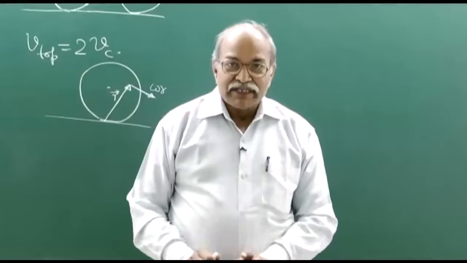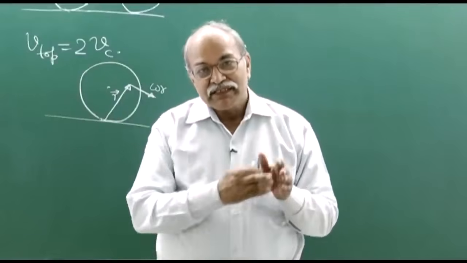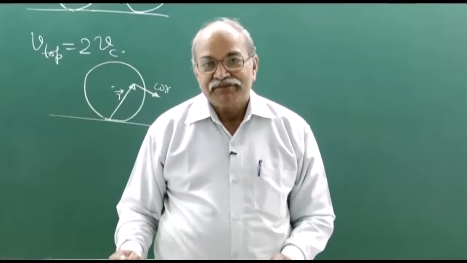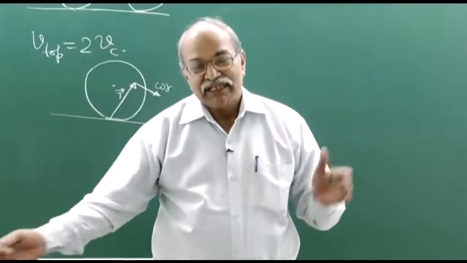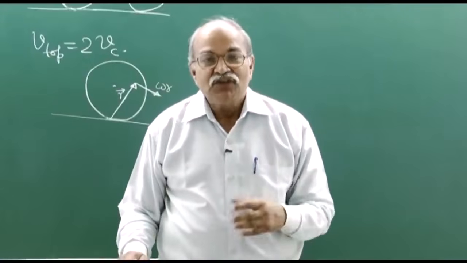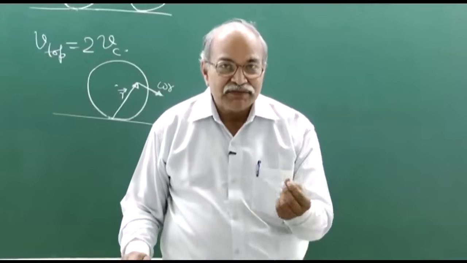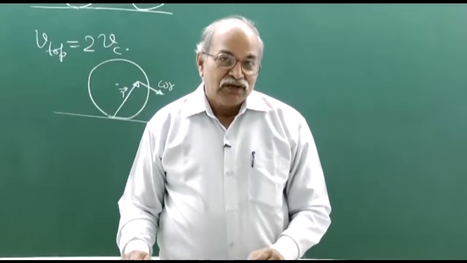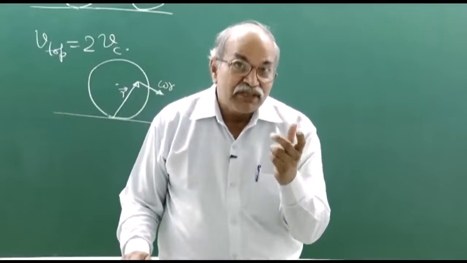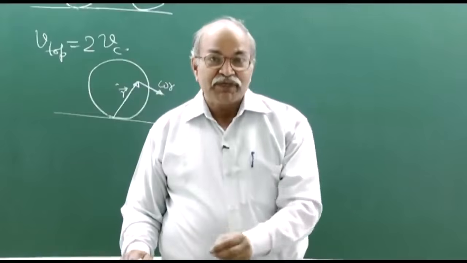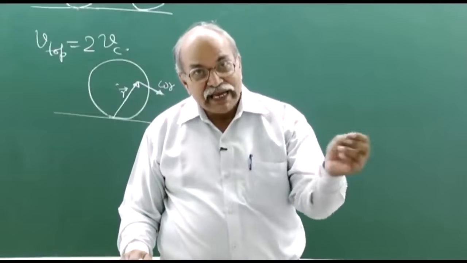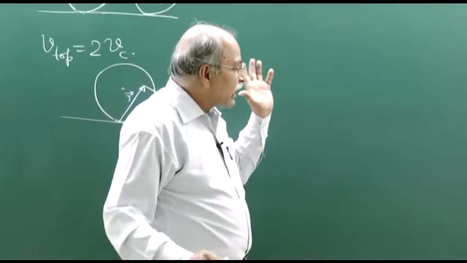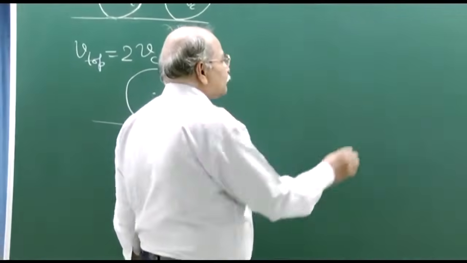So, let us try to understand why the time taken by the balls to cover that length of the inclined plane does not depend on the size of the ball or mass of the ball or material of the ball, or the friction coefficient between the ball and the track. So, let us do some analysis and try to understand that.